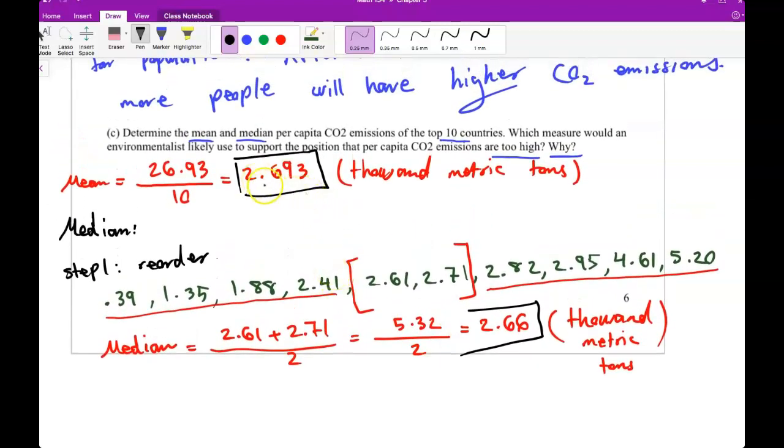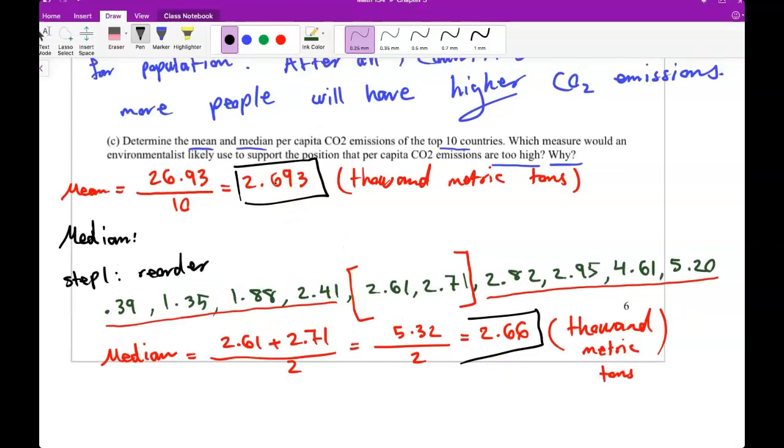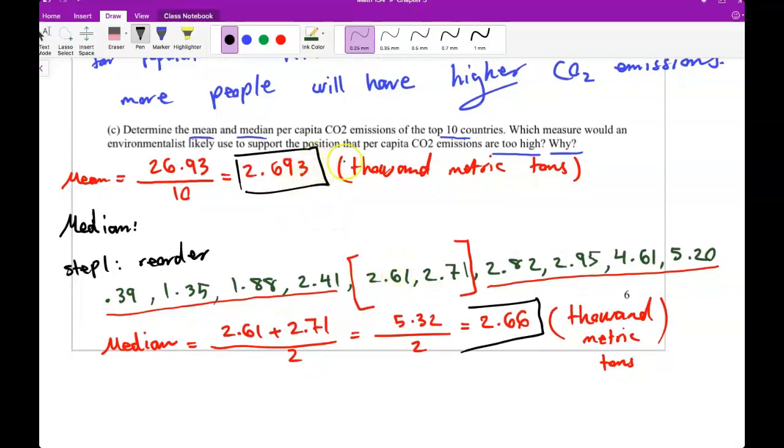Okay, so we got 2.693 for the mean, but for median it is 2.66, and the mean is higher. So the environmentalist would use the mean because that is higher. Which measure would he use to support a position that per capita emissions are too high? Since we want to show it is too high, we're going to use the one which is higher.